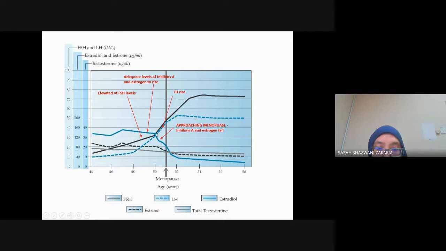Eventually it will suddenly keep rising because there are no more follicles that can salvage the normal situation between the concentration of FSH and LH and also the estrogen. So suddenly we can observe the gonadotropins, LH and FSH, rise.